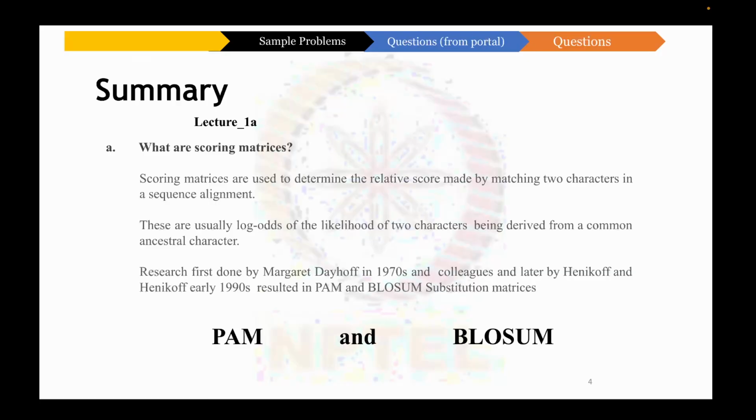By understanding the evolutionary relationship between sequences, that is, orthologs, paralogs, or homologs, one can choose appropriate scoring matrices and algorithms to accurately align and analyze the sequences. Additionally, knowledge of these relationships aids in interpreting the results of sequence alignments in terms of evolutionary history and functional conservation and divergence.